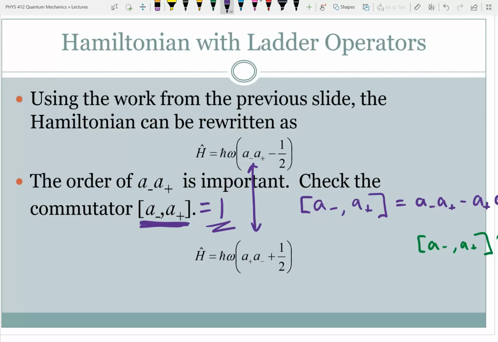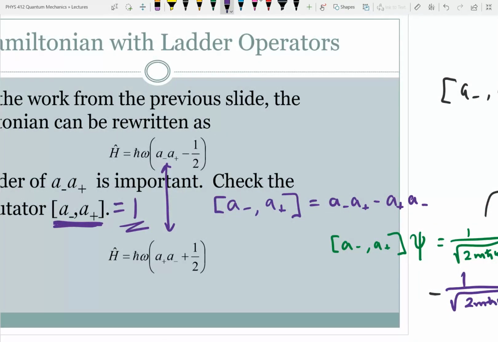So that means I could have taken this here and said, since that commutator is a minus a plus minus a plus a minus, then a minus a plus is equal to 1 plus a minus.